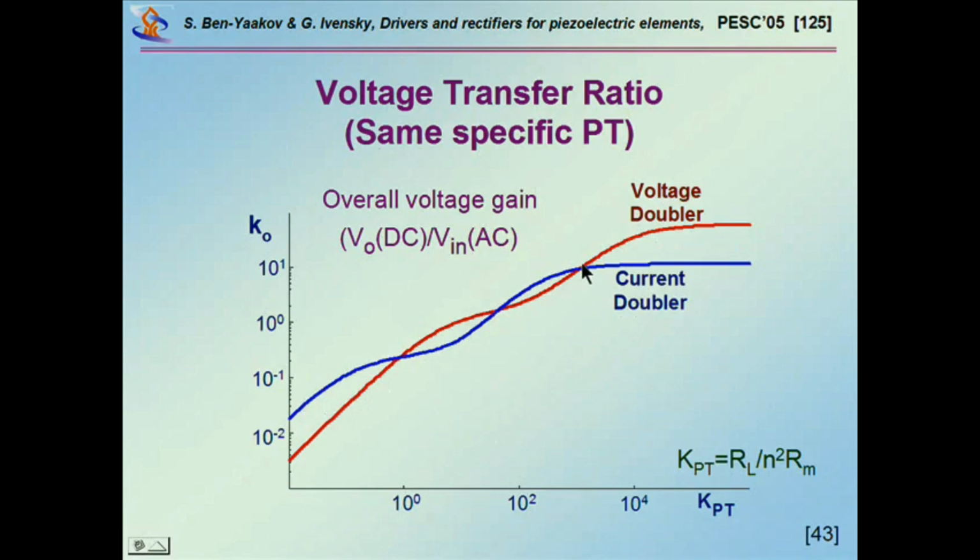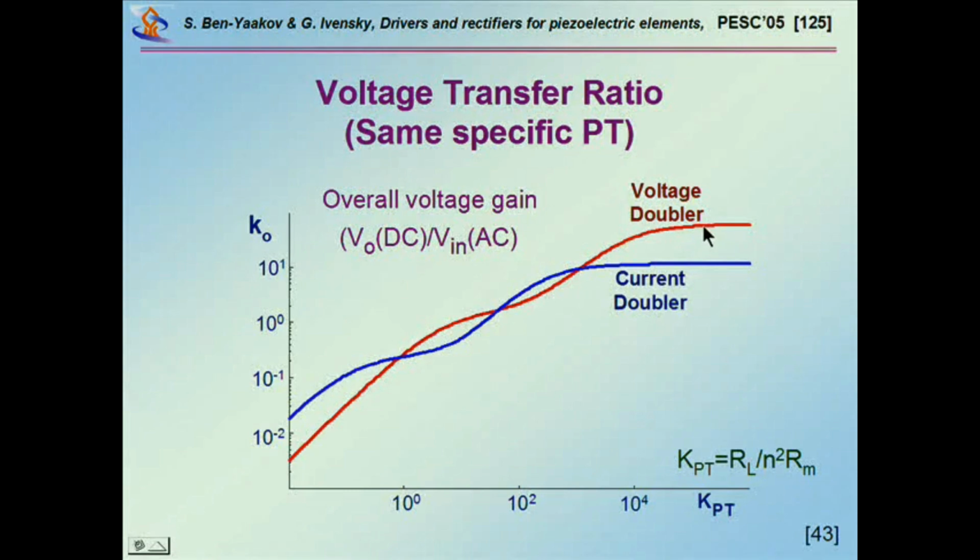Over most of the load resistances, the two are about the same. However, at high loading resistances, the gain of the current doubler stops increasing, while in the voltage doubler it goes on a little bit and goes to higher values.